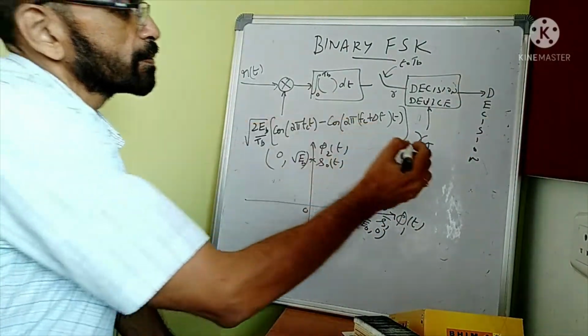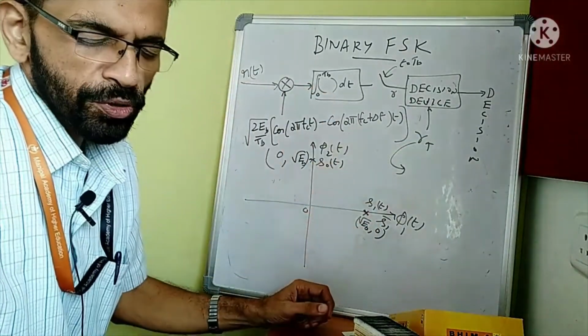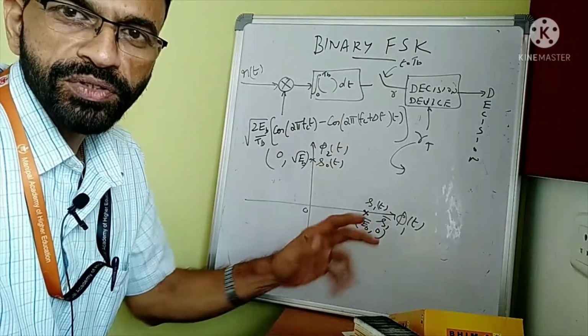The threshold will be, in the case of binary FSK, as you know, N0 by 2 natural log P0 by P1 plus E1 minus E0 by 2.